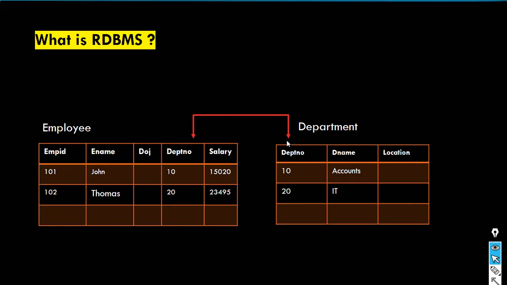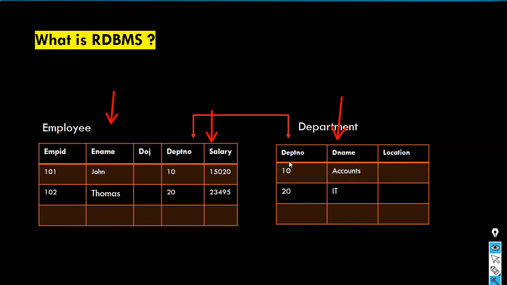The employee name and salary are available in this table, whereas the department name is available in another table. If I want to select these 3 columns from these 2 tables, you need to create a relationship between the tables. How do you create the relationship between the 2 tables? You need to create it based on the common column between the 2 tables. Here we have department number, here also we have department number. So department number is common in both tables.